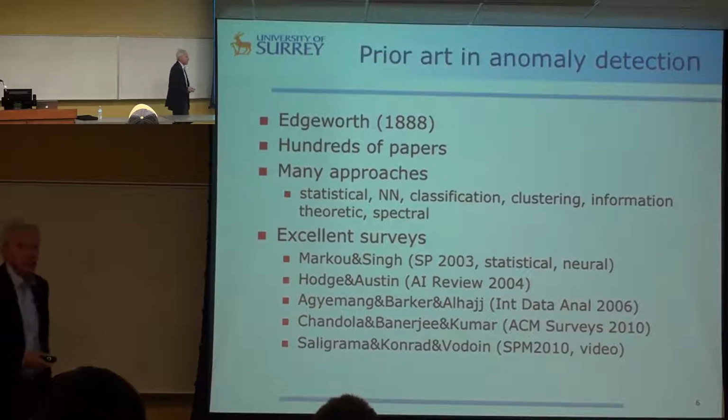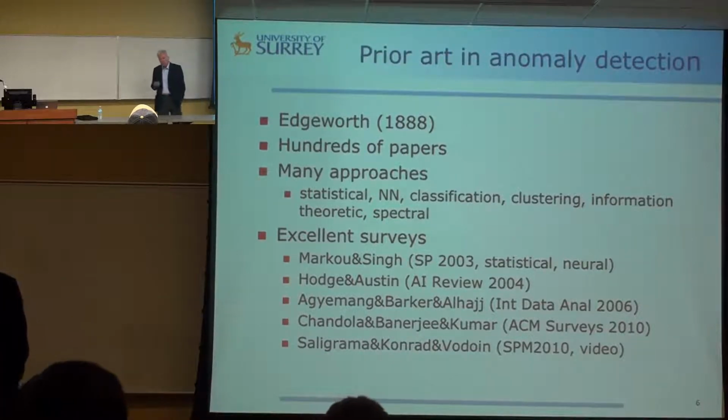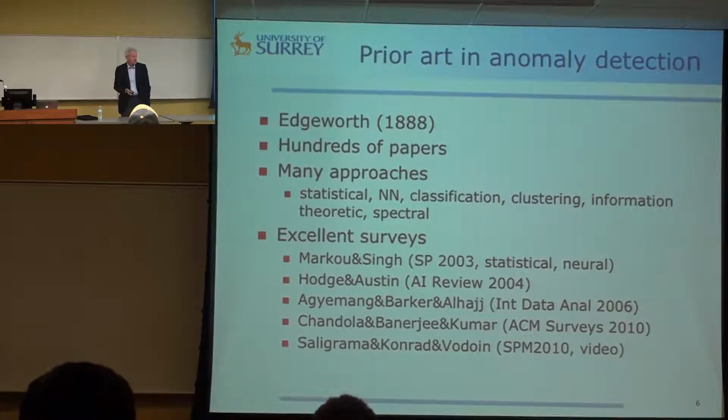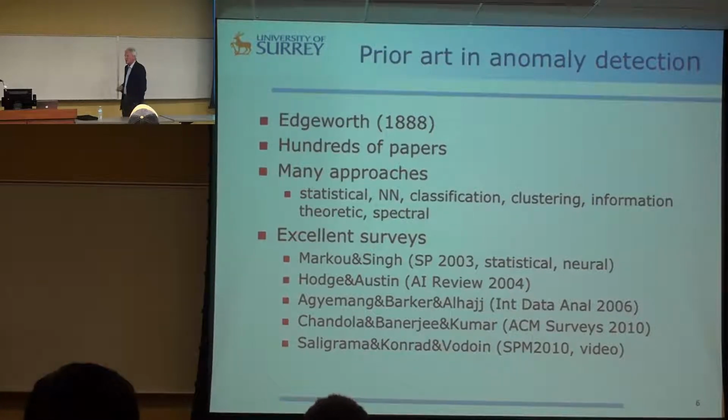And there is a huge amount of literature on the topic, probably hundreds of thousands of papers, and some of them date back a long way. The earliest work I identified was in the 19th century. People were interested in scientific areas, in biology, collecting samples and modeling what is normal.